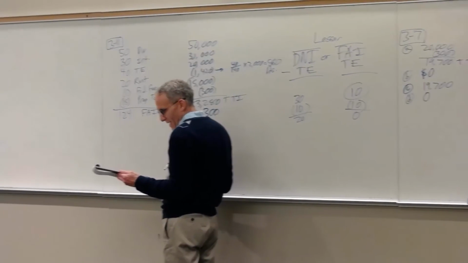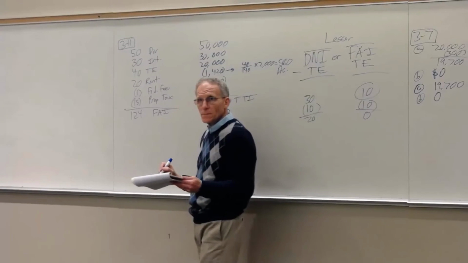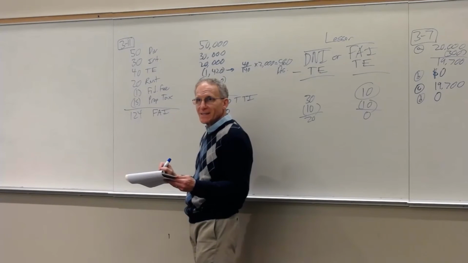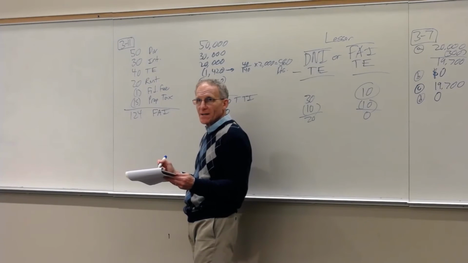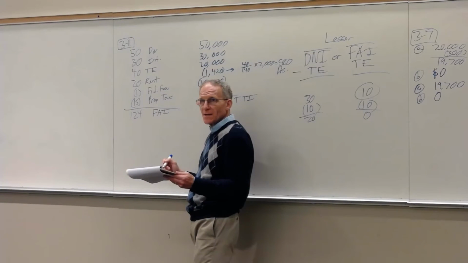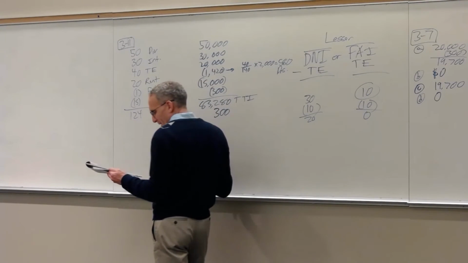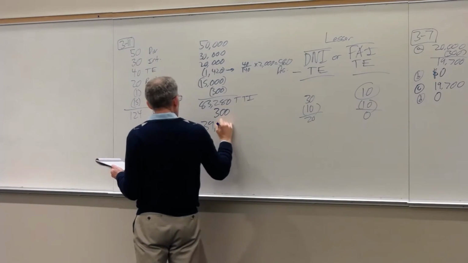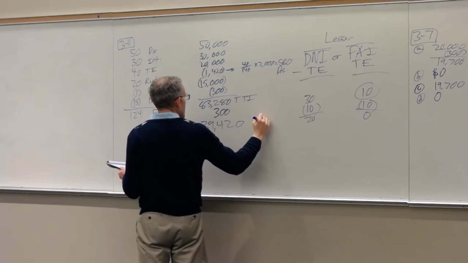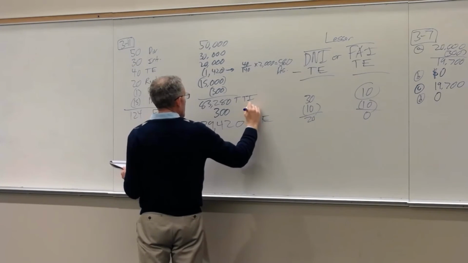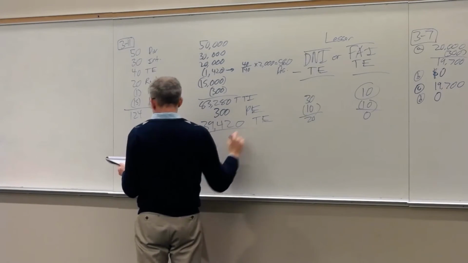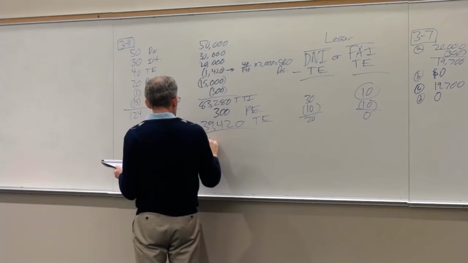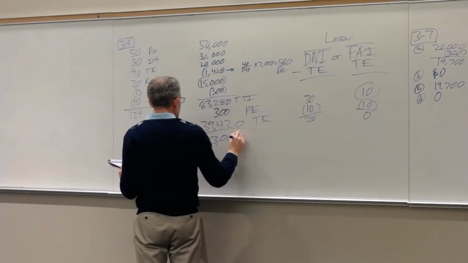And what else do we have to add? Interest. What kind of interest? Tax exempt. Do we add 40? Less the allocable expenses, right? So the DNI is 123, right?